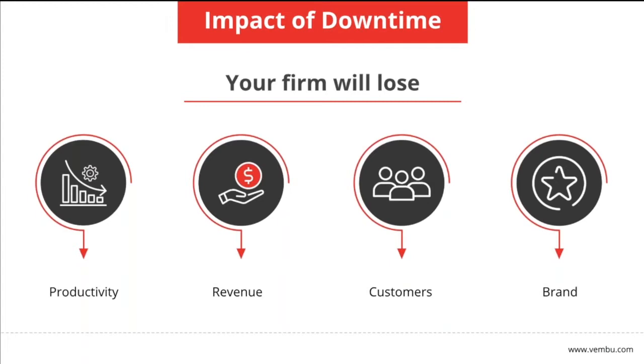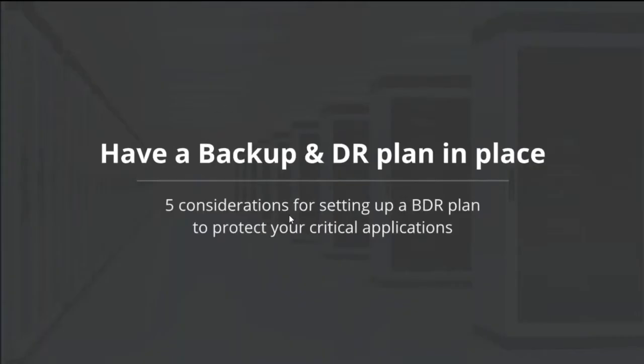We are going to tell you about the 5 considerations that you need to consider while setting up your BCDR plan to protect your business critical applications. Yes, you can achieve it. With these types of impacts, organizations must take steps to reduce or prevent their downtime.